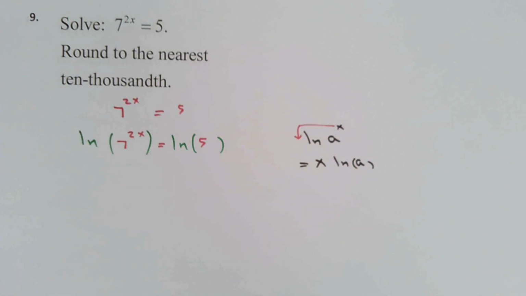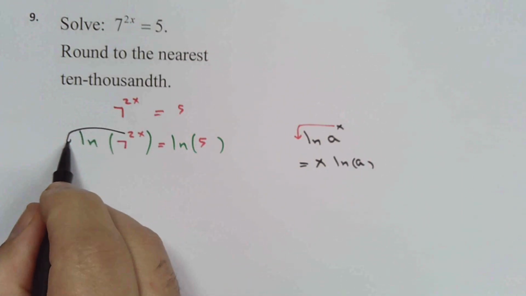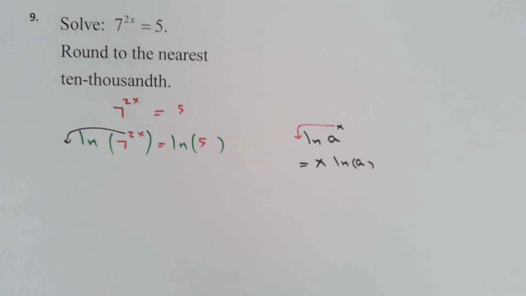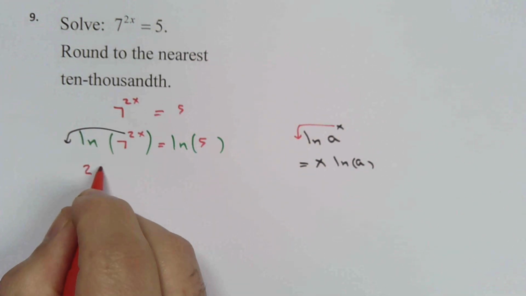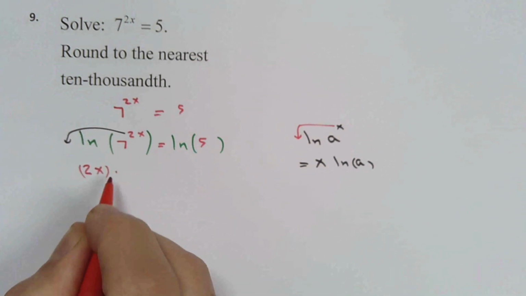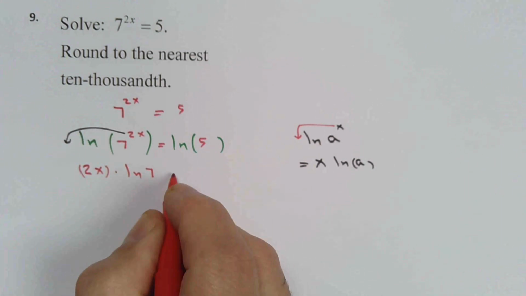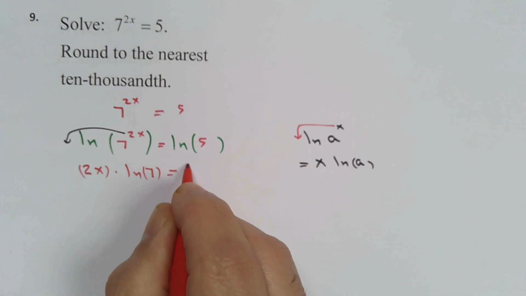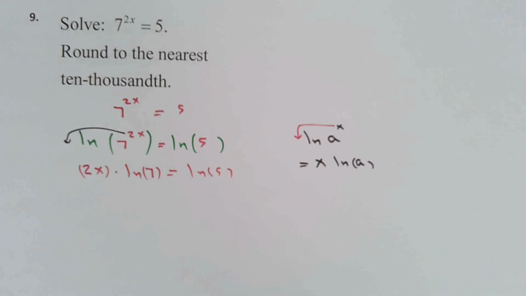So in this case, we're going to bring this to the front. So the problem becomes 2x in the front times ln 7 equals ln 5. We're going to divide both sides by ln 7.